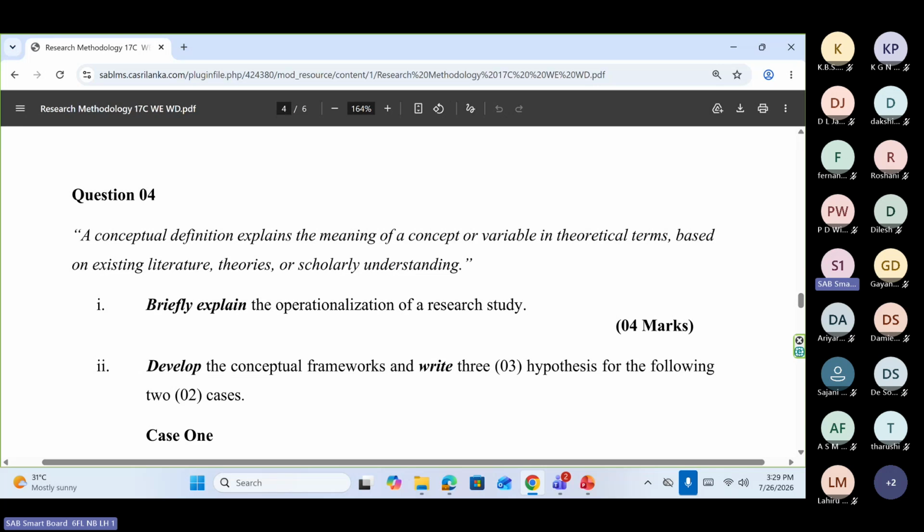In conceptualization, the researcher does the following. First, identify the variables. Second, draw the conceptual framework.